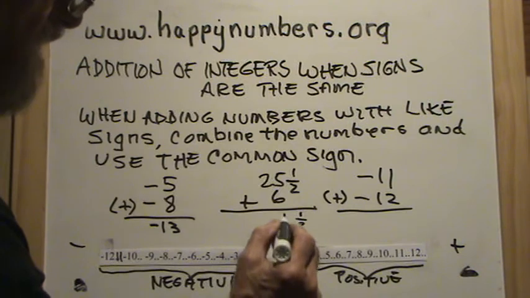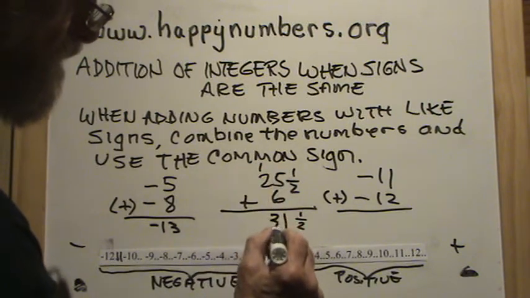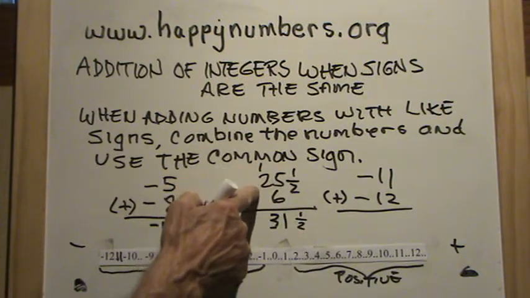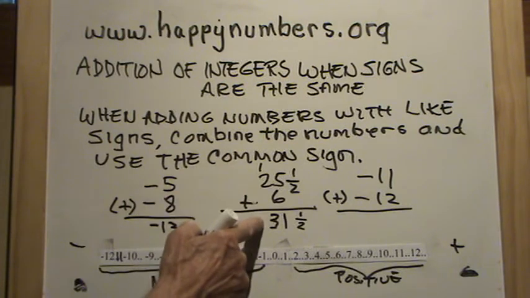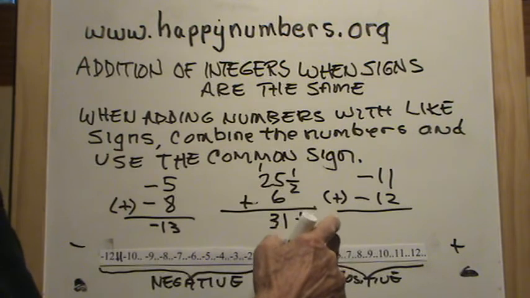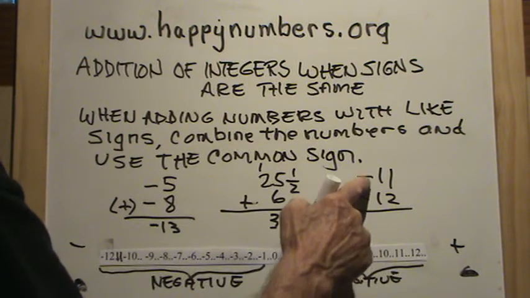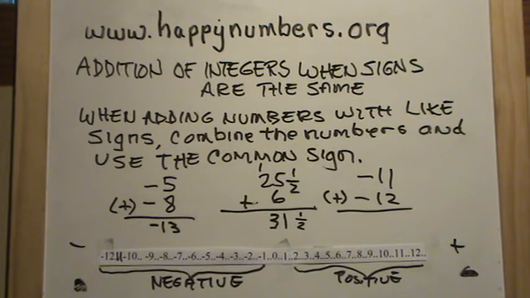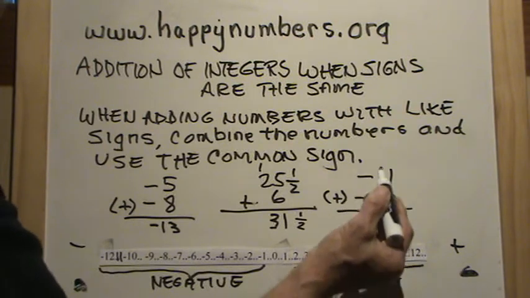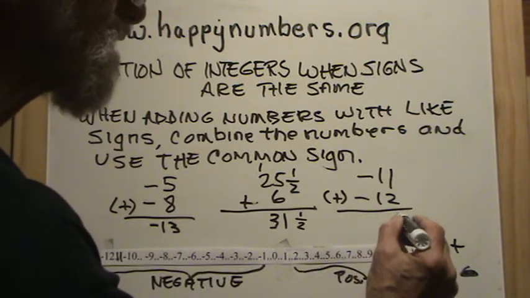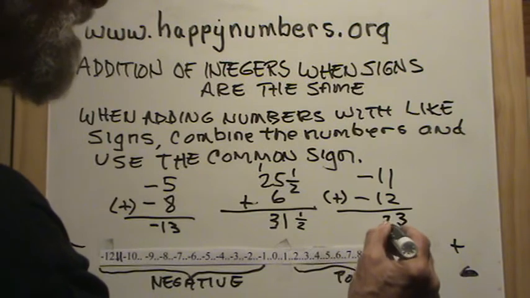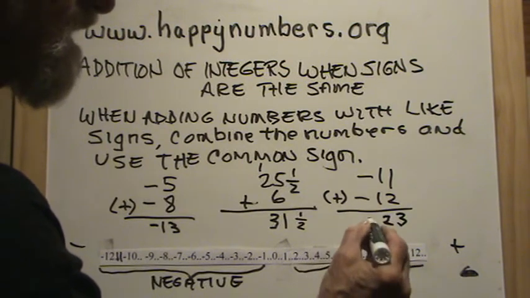This would be 11, carry the 1, 3. And since both of these are positive, then the sign would be positive, so we don't even have to write it. Here, we are adding a -11 and a -12. Well, both numbers have negative signs, so we combine the numbers. 1 and 2 is 3. We get 23, and we use the common sign.